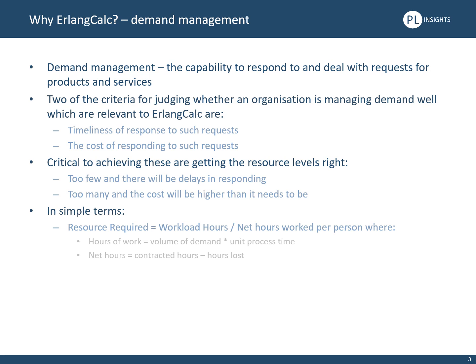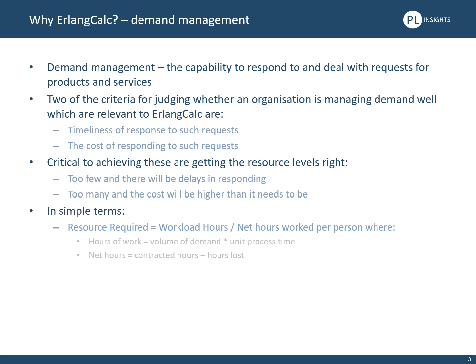In theory, calculating the number of resources ought to be straightforward. There's a simple formula, again I cover it in one of my other videos, but we can think of it as the resource required from a simple calculation of the total amount of workload divided by the number of hours we've got available.